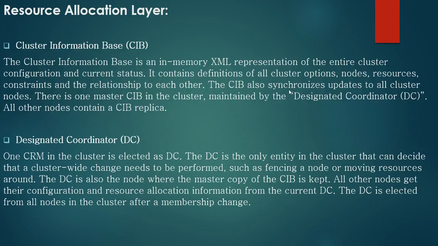For example, when you have a 2-node cluster and you bring both nodes up simultaneously, once the systems come up, wherever you start the cluster service, the OpenAIS service, first, the CRM will make that node the DC, because the CRM is deciding which node is going to be the DC.